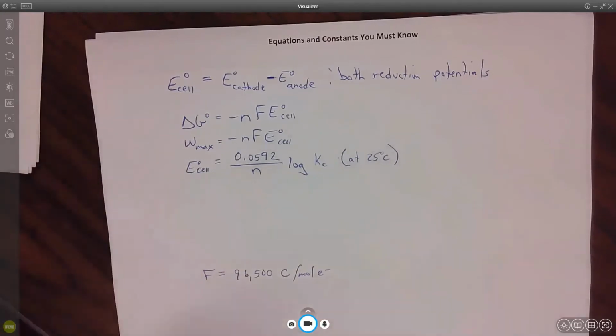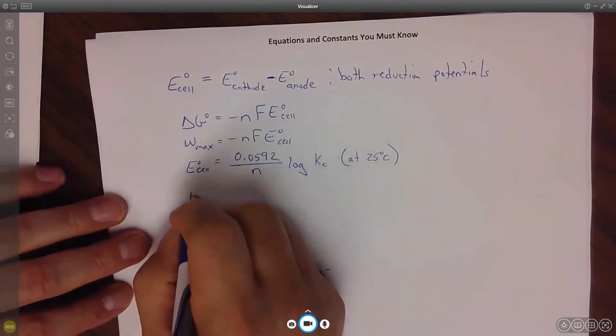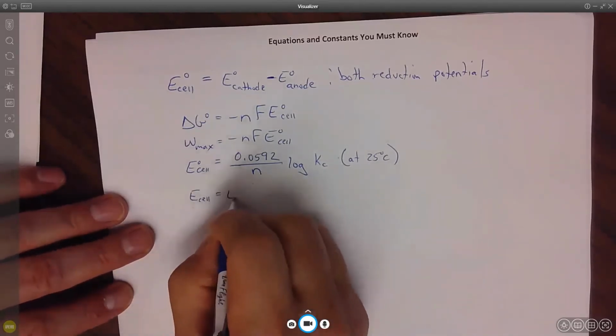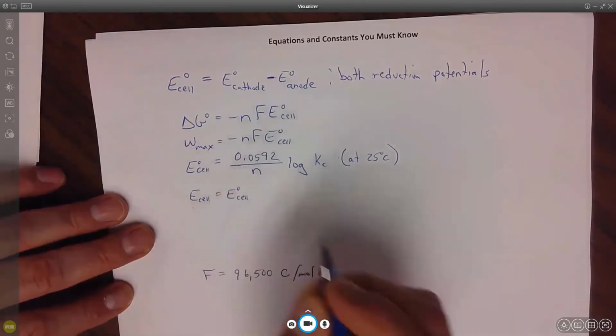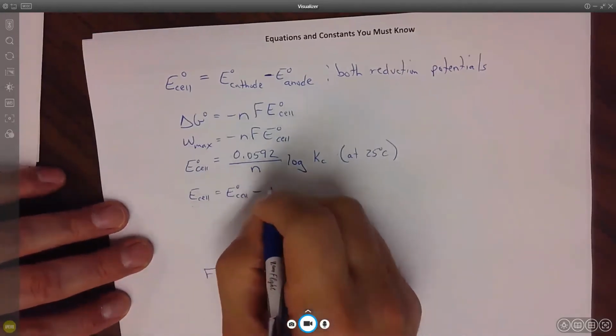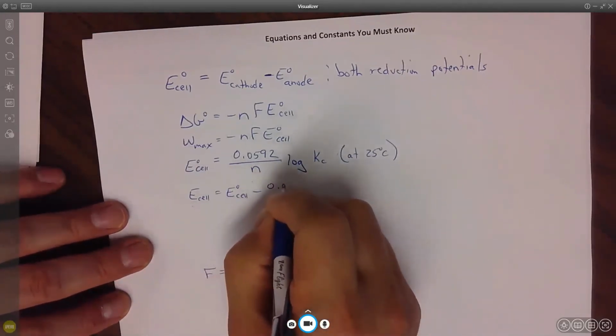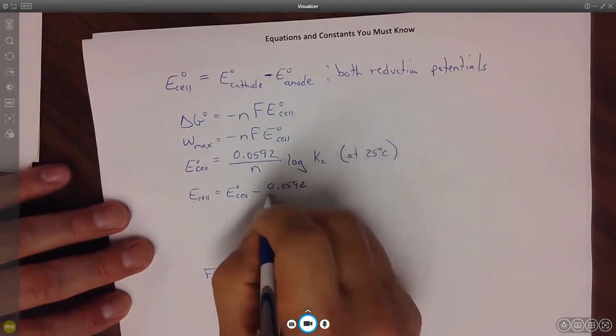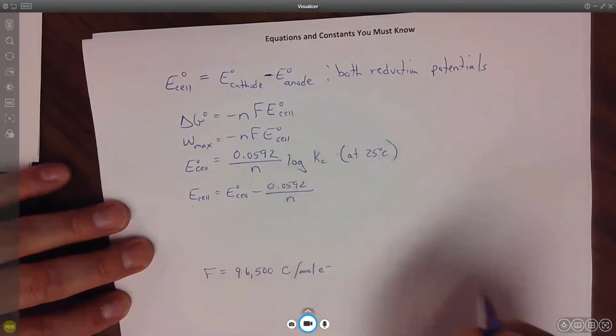Then we could actually determine what the cell potential of a real battery is at any given time in its life, because we're going to measure the real cell potential. We're going to relate it to the standard cell potential, and we're going to say minus 0.0592 divided by the number of moles of electrons.